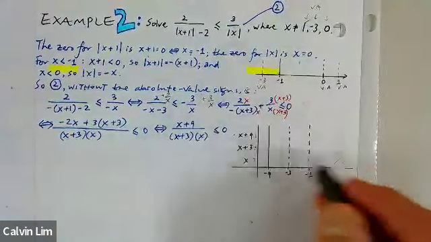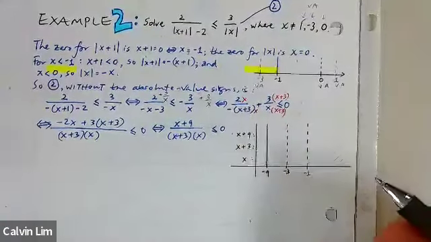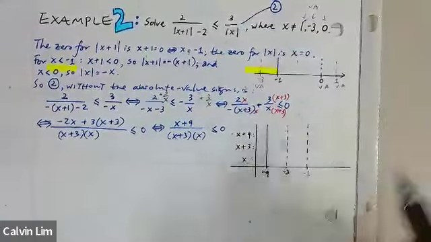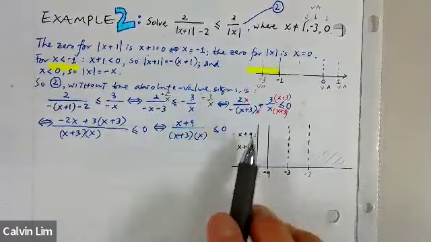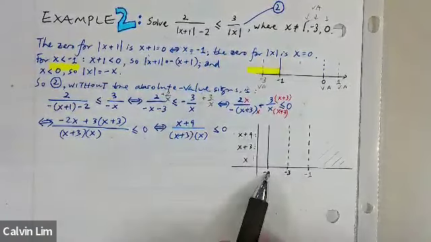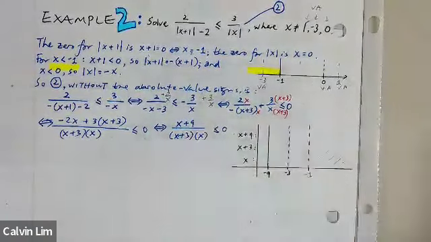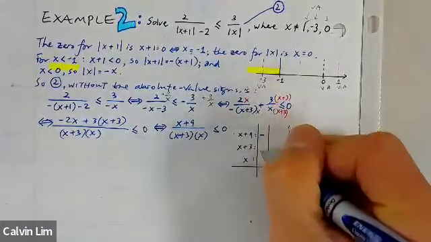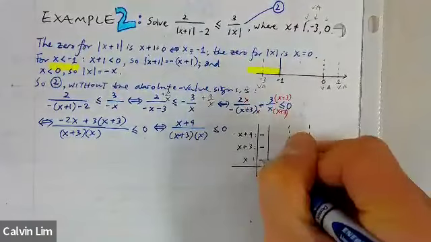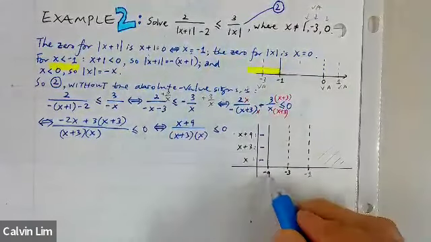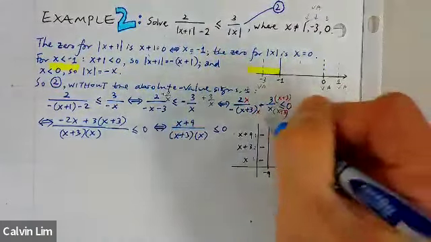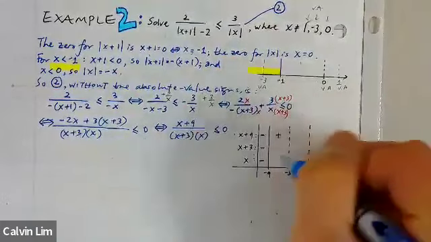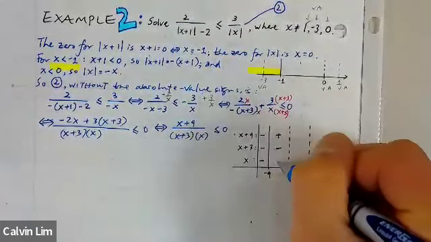Now we can populate the chart with pluses or minuses for each of these factors. When x is less than -9, x plus 9 is negative, x plus 3 is negative, x is negative. When x is between -9 and -3, x plus 9 is positive, x plus 3 is negative, x is negative.